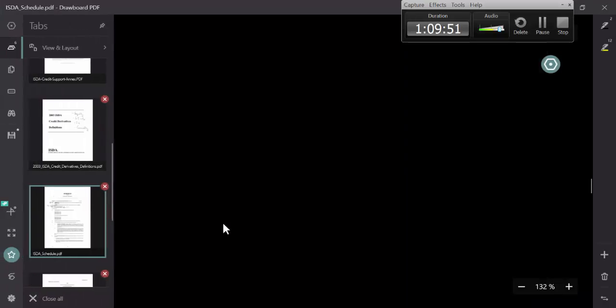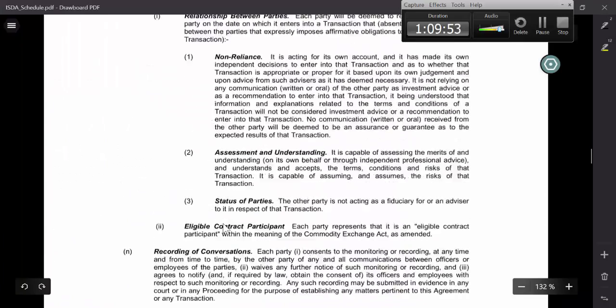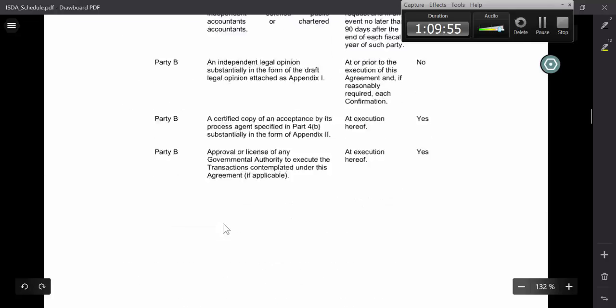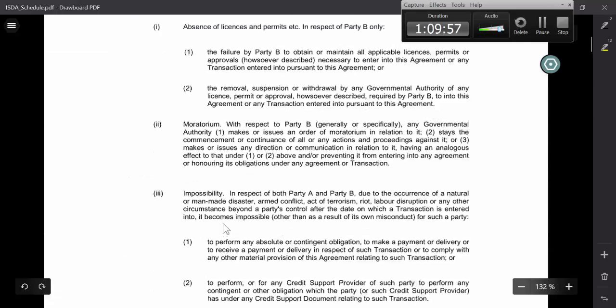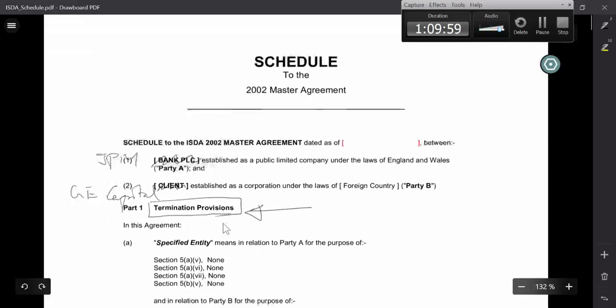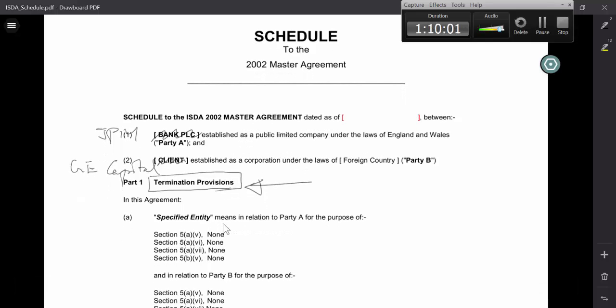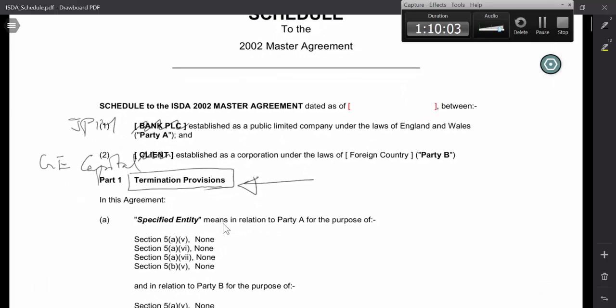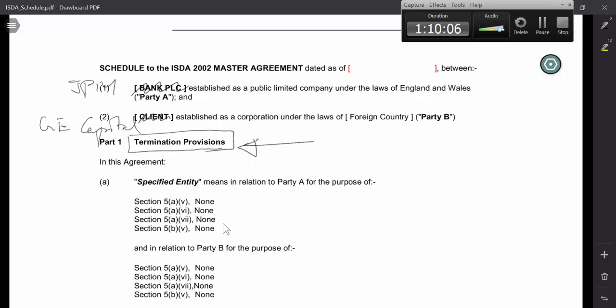So here's an ISDA schedule, and near the beginning, I'm going to go to the top. So this is a schedule to the master agreement, and very near the beginning. So you cross this out and you put JP Morgan, you cross this out, you put GE Capital.